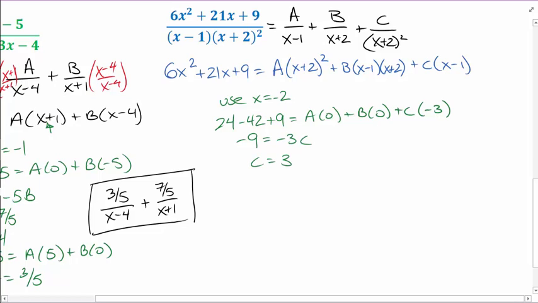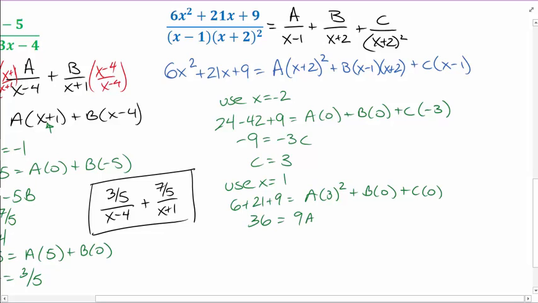I'll get a c value of 3. I'm then going to use an x value of positive 1. This will yield 6 plus 21 plus 9 equals a times 3 squared plus b times 0 plus c times 0. I'll get 36 equals 9a. I'll get an a value of 4.